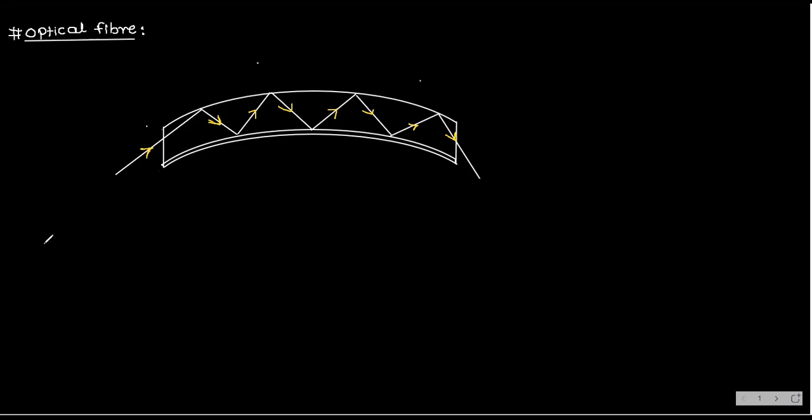The first point I am writing here: works on the principle, or you can write it like this, that is phenomena also, works on the phenomena of total internal reflection. Okay. Next.